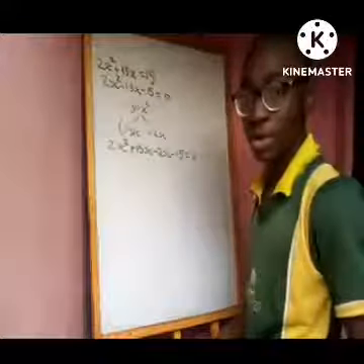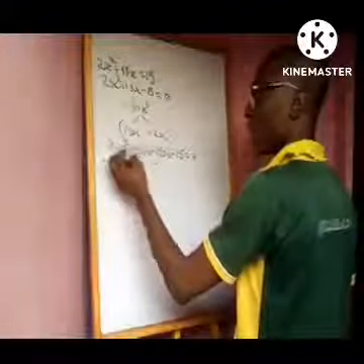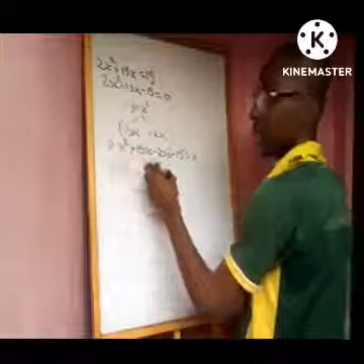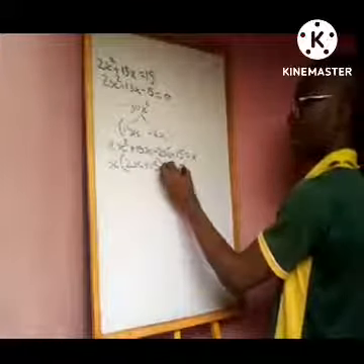Now the next part of the question is to factorize. What's common to the first two terms is x. When we factorize 2x squared, we get 2x. When we factorize 15x, we get 15. Then closing brackets, what's common to the last two terms is minus 1.